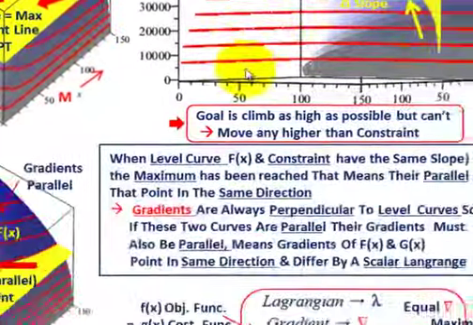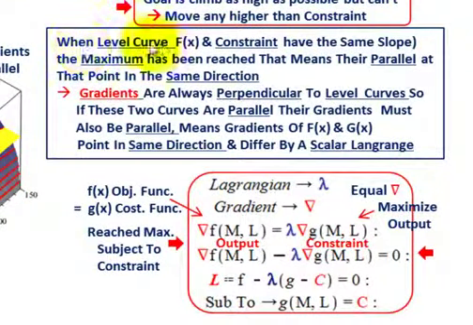Okay, so the logic is this. When the level curve, that's our production function, and the constraint, that is our cost constraint, have the same slope, the maximum has been reached. That means they're parallel at that point, where we have that maximum slope point, and they're in the same direction, along that tangent line.